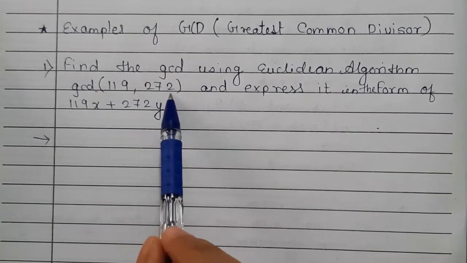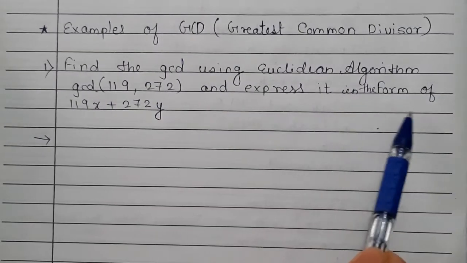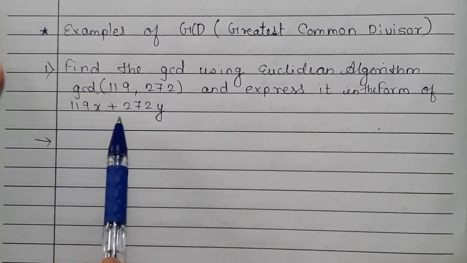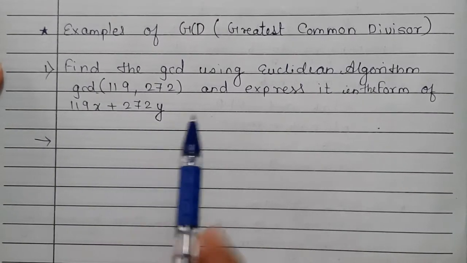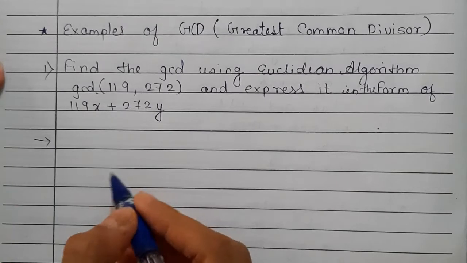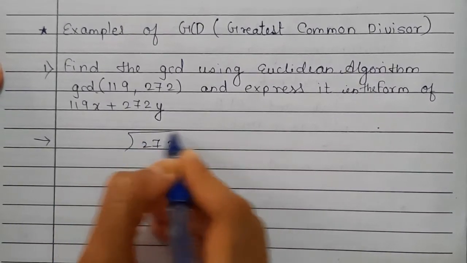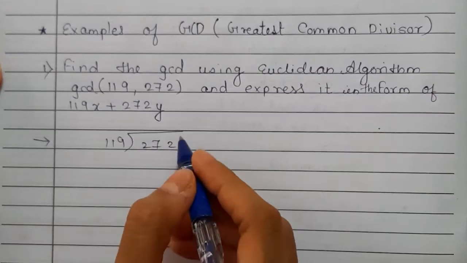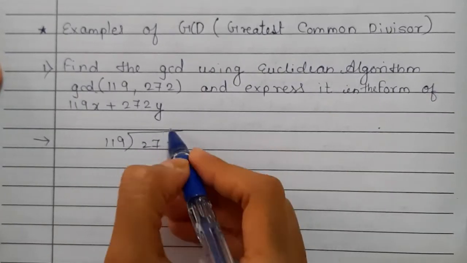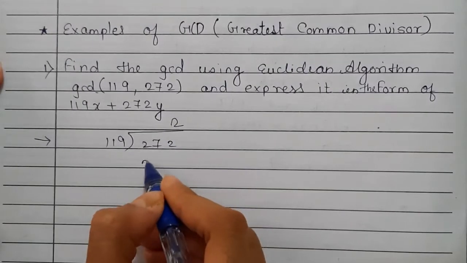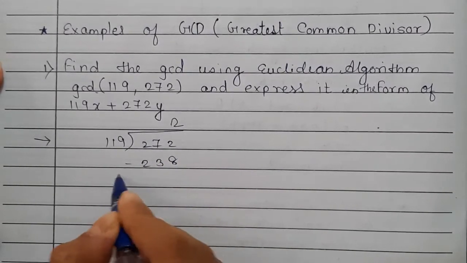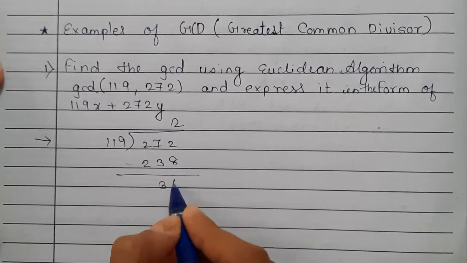119 and 272 and express it in the form 119x plus 272y. How will we solve this? First we divide 272 by 119. Here we get 238. We subtract this and get 34.